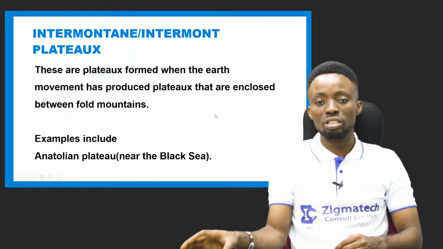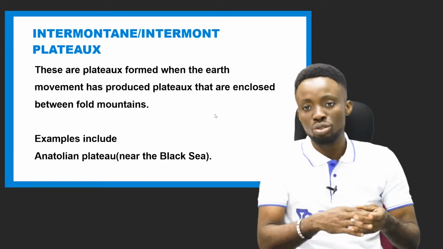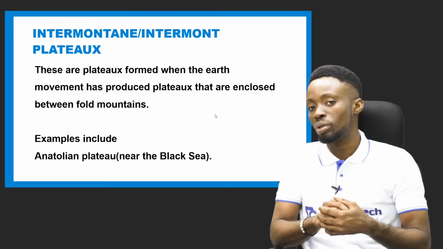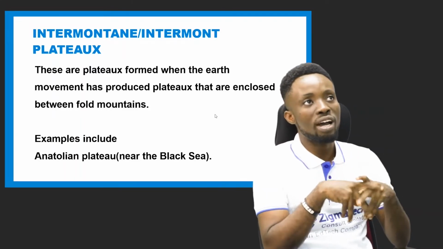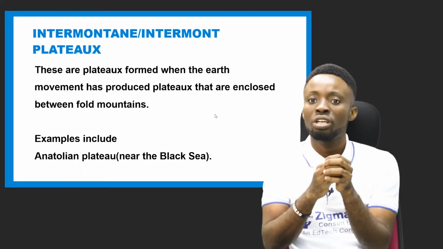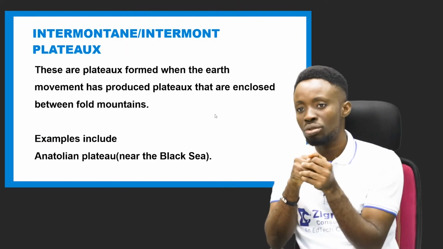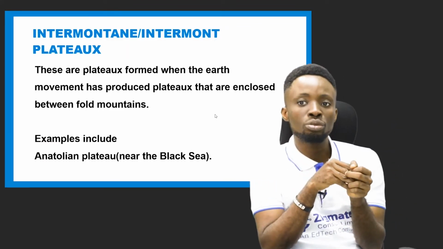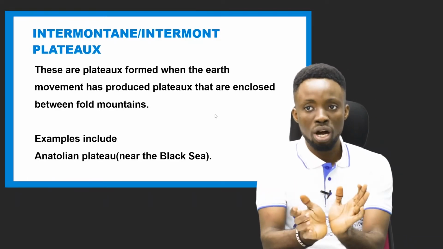Now, the second type of plateau is called the Intermontane Plateau or the Intermont Plateau. The Intermont Plateau is found in places where we have mountain ranges, and not just mountain ranges, but fold mountains. So it's a type of plateau that is formed between two or more fold mountains.